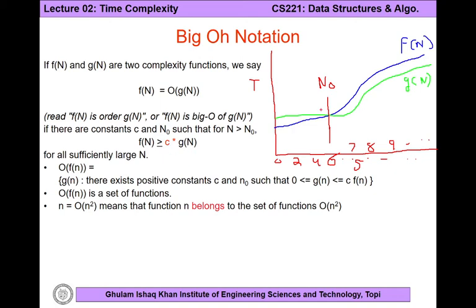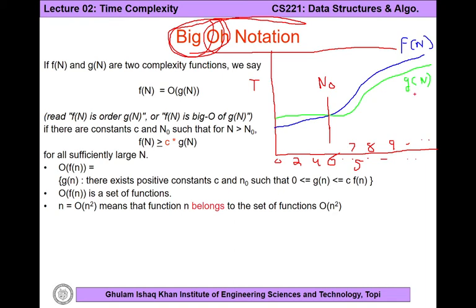So it means that f of n is big O of g of n, right? So we can call it that f of n is the asymptote of g of n.